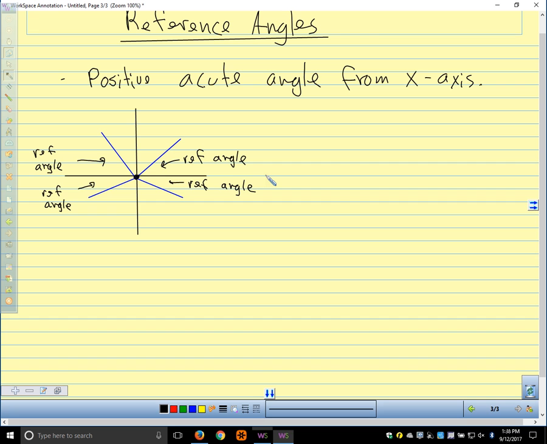So when we draw our little triangles the way we've been doing them in the last couple of examples, we're really thinking about using the reference angles.